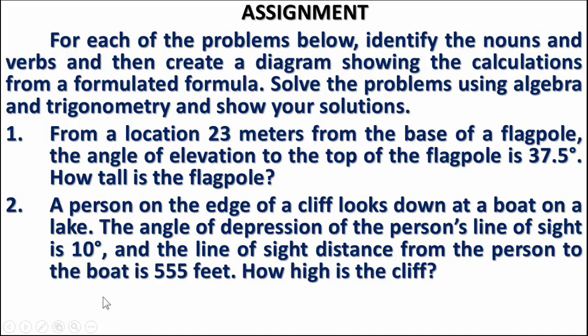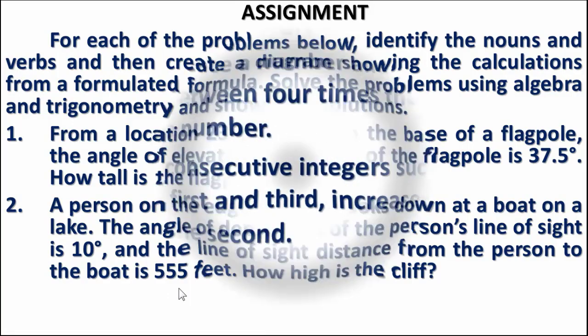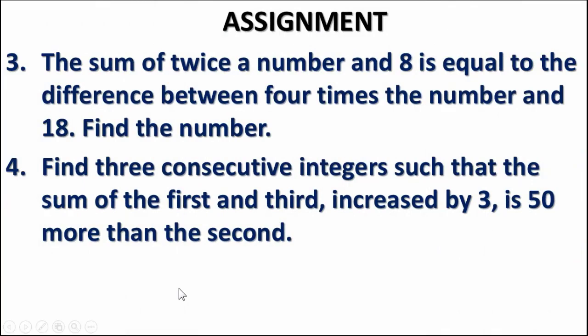Problem number 2. A person on the edge of a cliff looks down at a boat on a lake. The angle of depression of the person's line of sight is 10 degrees, and the line of sight distance from the person to the boat is 555 feet. How high is the cliff? Problem number 3.